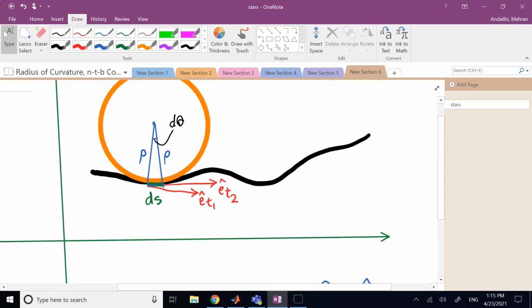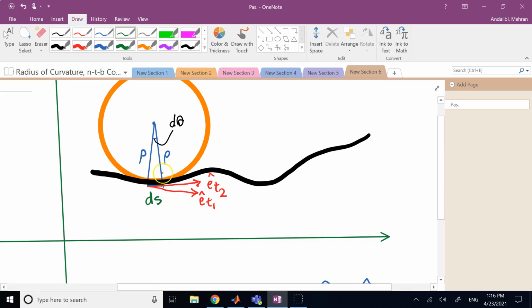So here, first of all, let's look at the magnitude of it. How much is the magnitude? Well, here let me make sure this second ET also in magnitude is close to the first one. So like this much, right? And clearly the angle between these two ETs, since they are both perpendicular to their corresponding rhos, right?